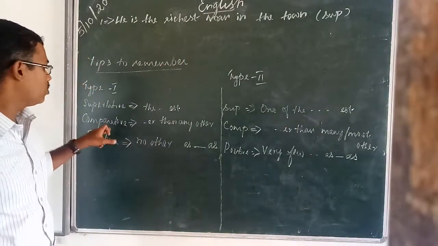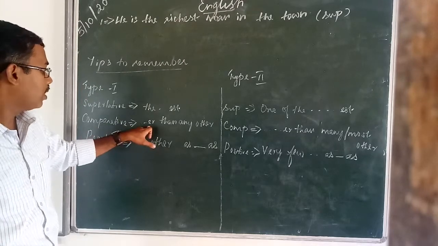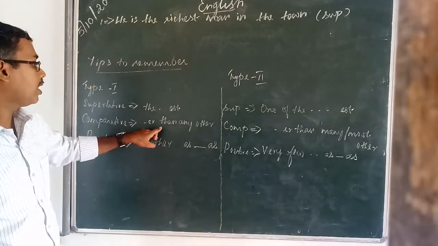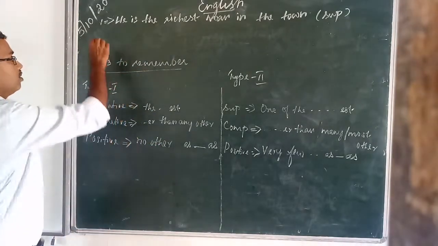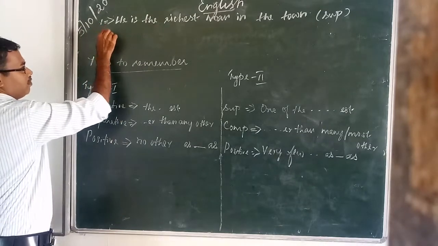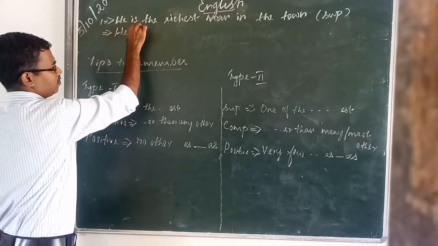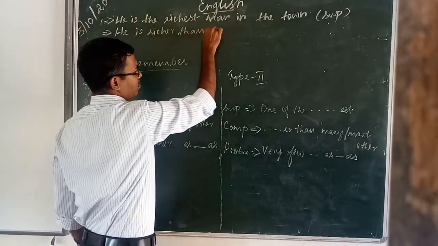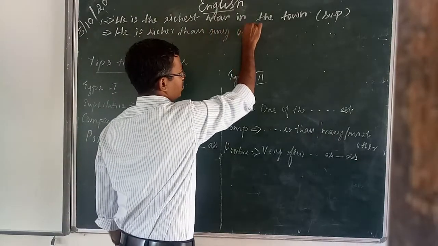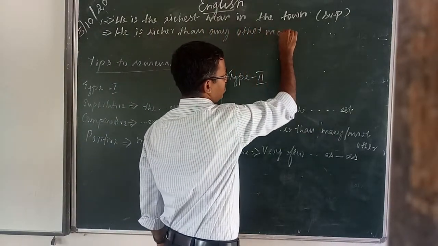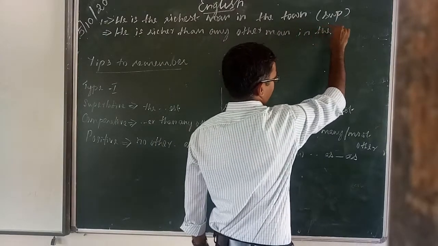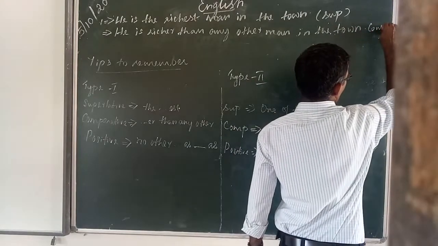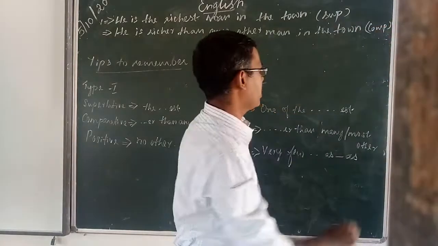Just like that, how to make it into the comparative degree? Other than any other: He is richer than any other man in the town. It is the comparative degree.